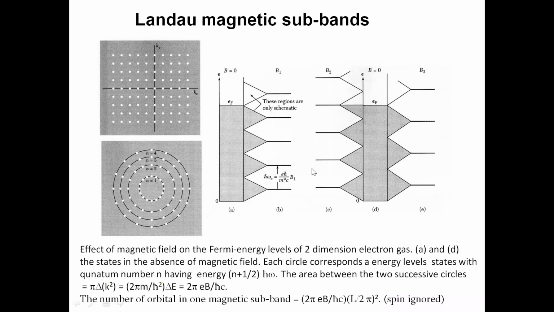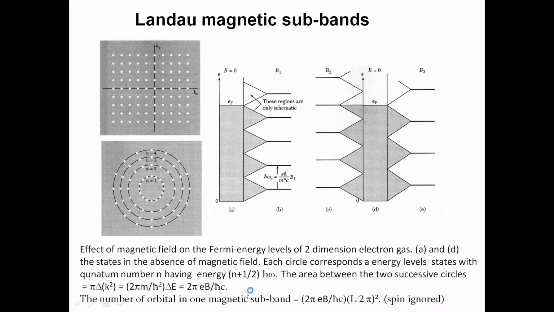These are the actual Landau levels, and they depend on B. B1, B2, B3 are different magnetic fields, and you see the gap is different in these cases.